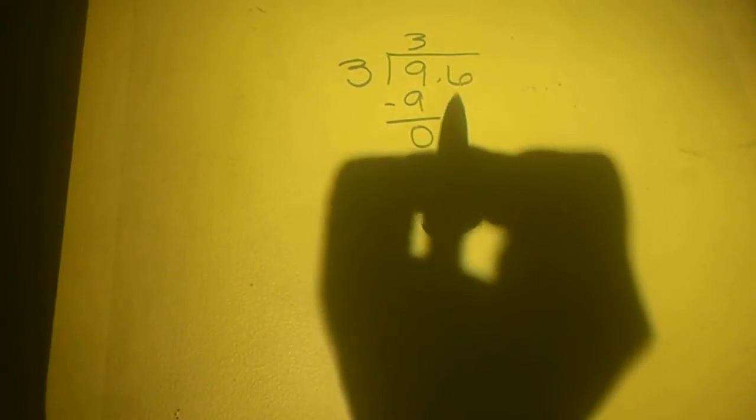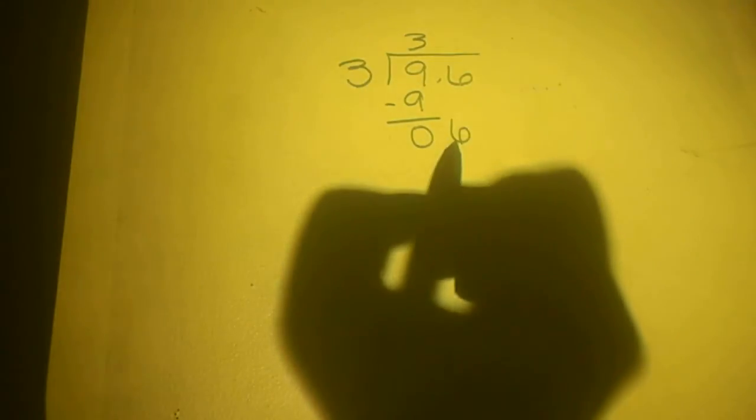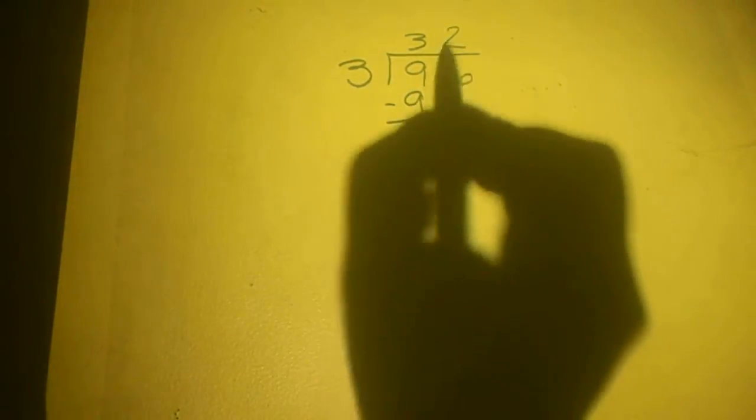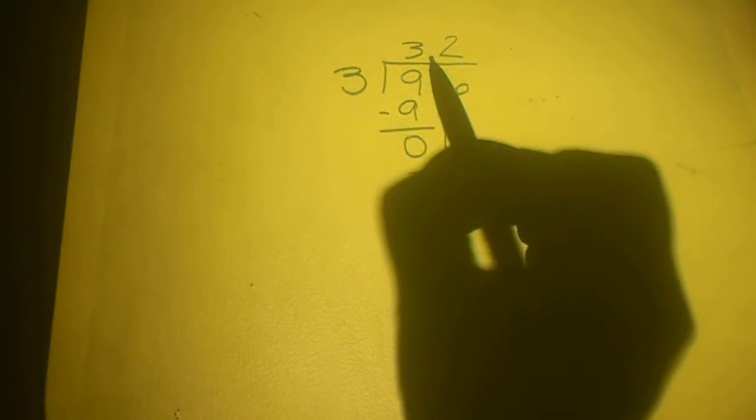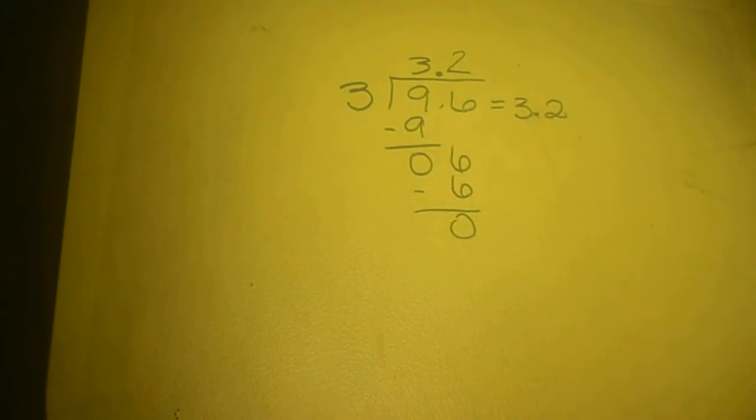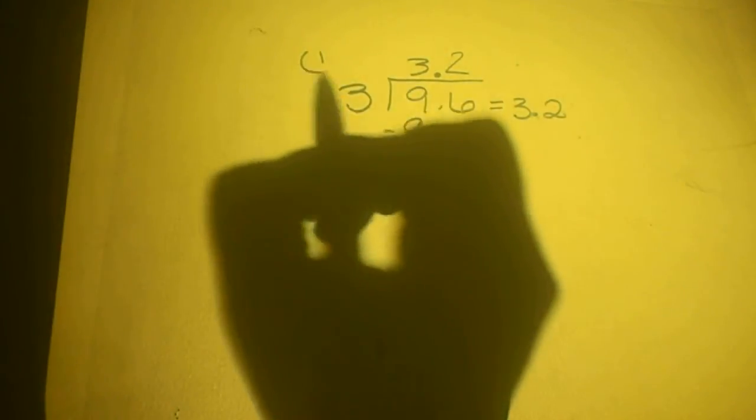Subtract, 0, bring down the 6. 3 goes into 6 2 times. 3 times 2 is 6. Subtract, 0, and then when you're done, all you do is bring the decimal straight up here. So your solution is 3.2. That was problem number 1 on 4-3 in the homework.